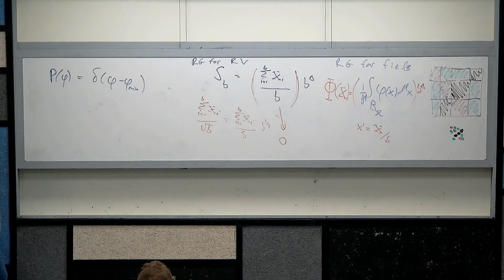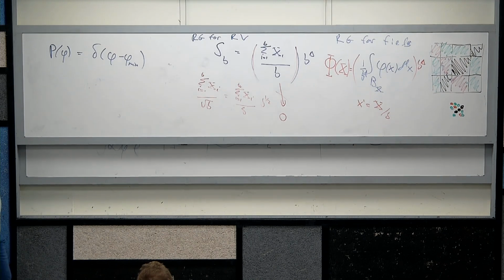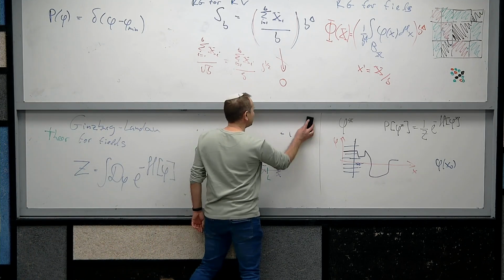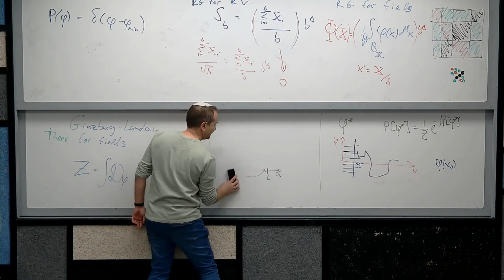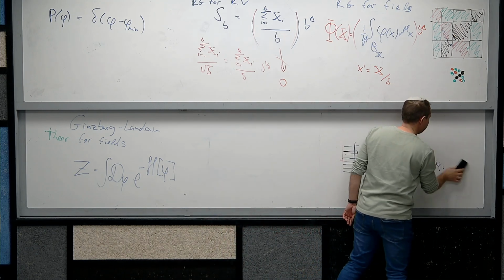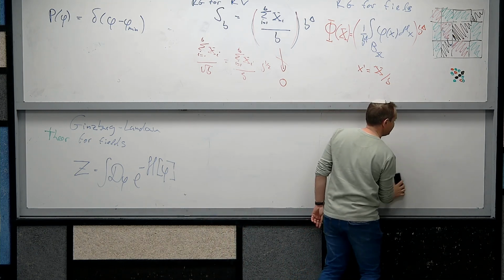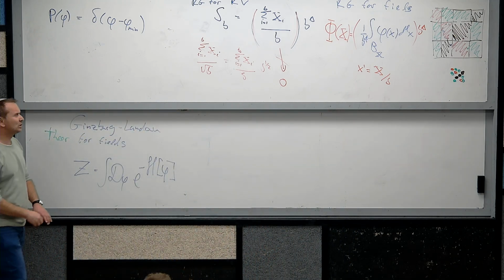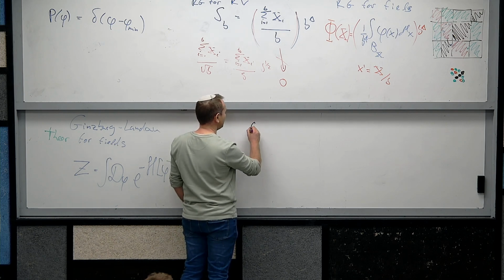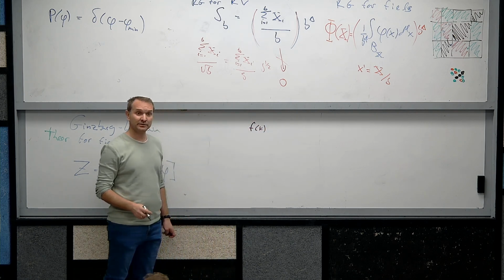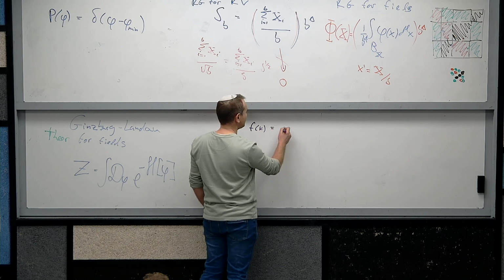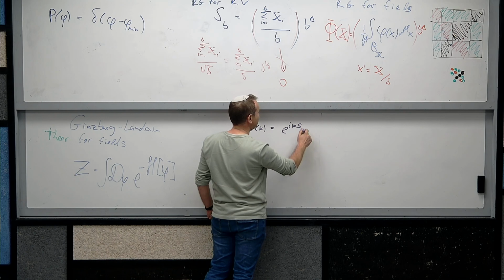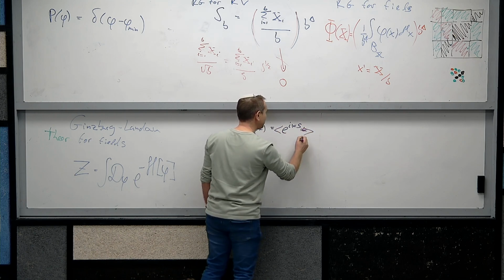Now, how did we operate the moment that we created a single RG step for random variables? What we have done, we looked at f of k, which is the average of e to the power i k s_b.